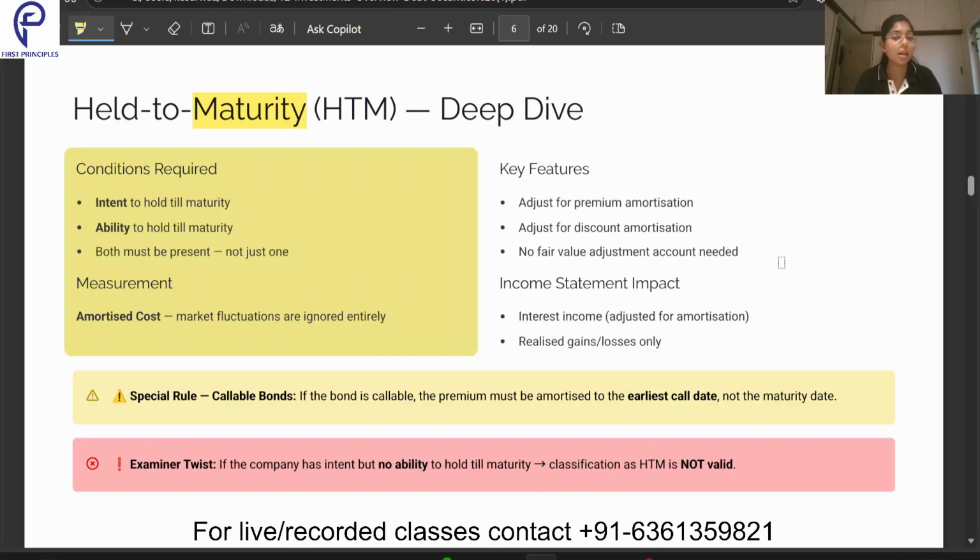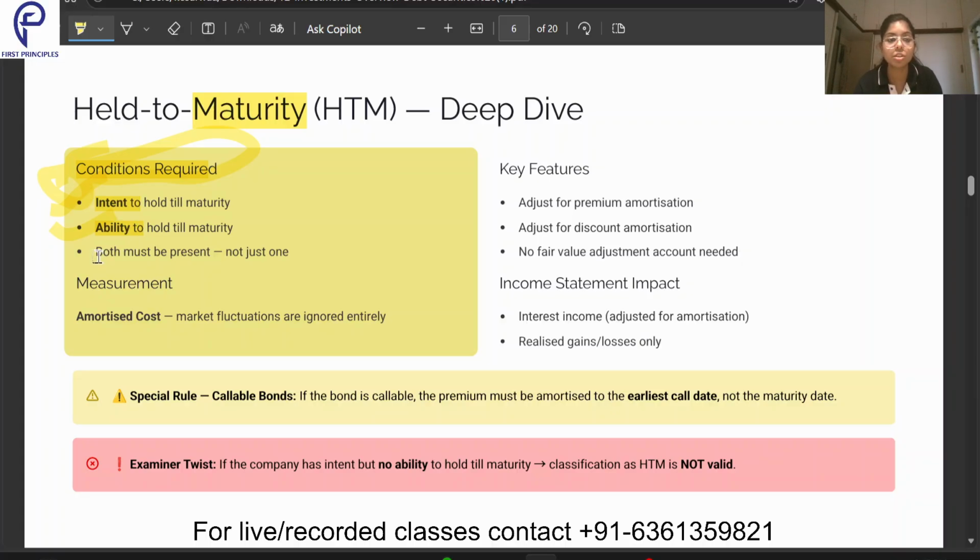But there is a condition. What are the conditions? Very important: you should have both the intent and the ability. Intent means you have the will to hold that particular security until maturity, and ability means you have enough cash available, without any cash constraints, to keep that security until it matures.